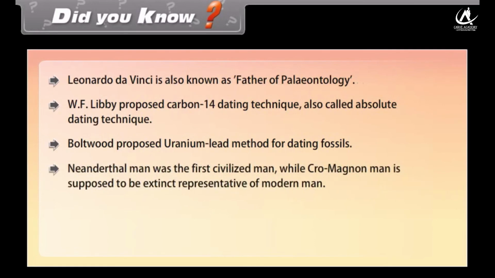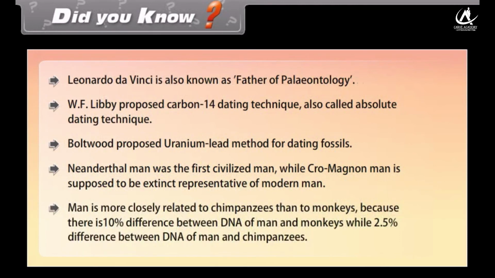Neanderthal man was the first civilized man, while Cro-Magnon man is supposed to be an extinct representative of modern man. Man is more closely related to chimpanzees than to monkeys because there is 10% difference between DNA of man and monkeys, while 2.5% difference between DNA of man and chimpanzees.